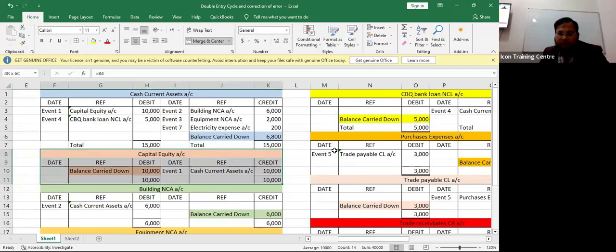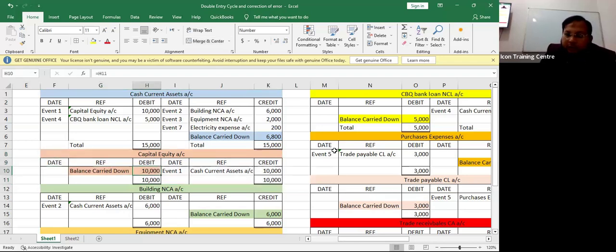Now the balance of this account is debit or credit? Sorry, credit balance. Because the credit side is heavier, so the balance is a credit balance. It is written on the debit side, but it is a credit balance.